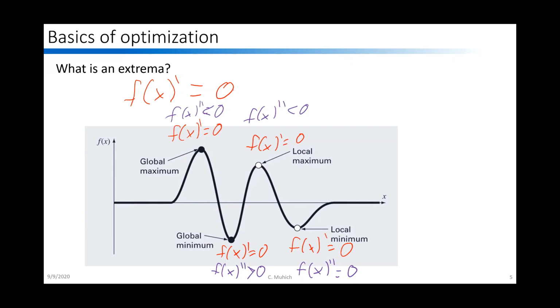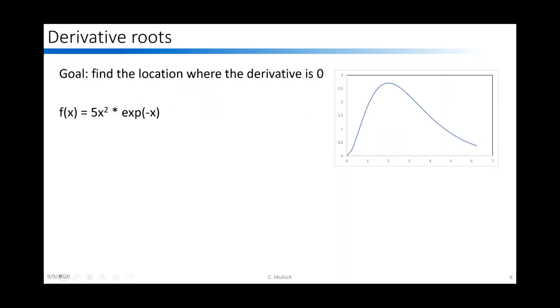But how are we going to implement this? How are we going to use this definition to determine where that maxima or minima is occurring, and then what that value of that function is? And so the easiest way to think about this is to think about that derivative definition. We said on the previous slide that the location of our maxima or minima is going to occur when our derivative is 0.